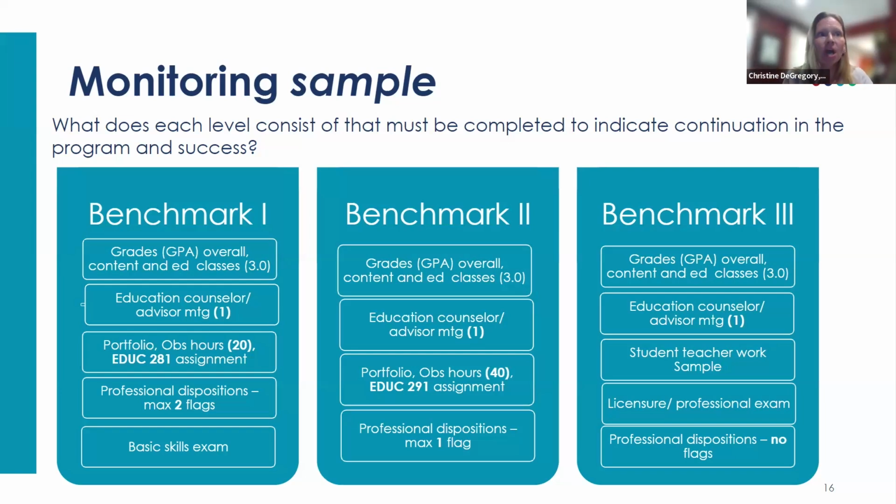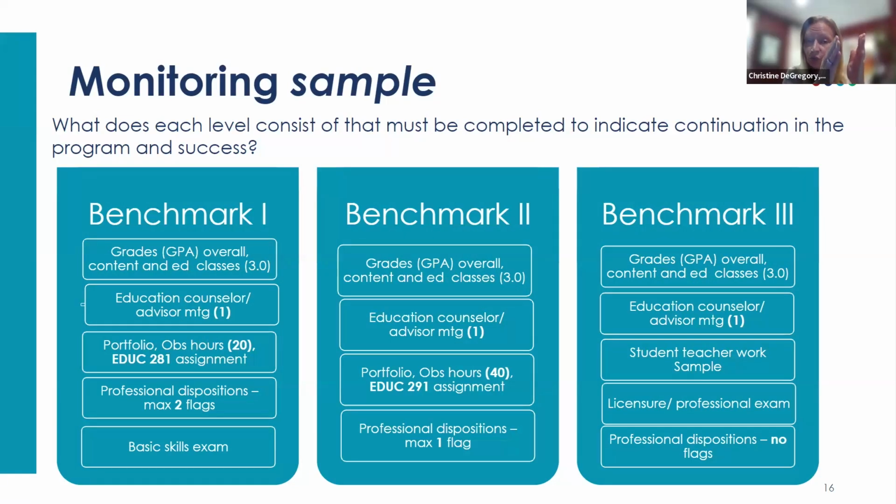So you can see you might be using grades, you might be using advisor or counseling meetings. That's a quick, are they meeting those? Have they finished those big work samples or observation hours or the types of observation hours they needed to get in? Whatever it might be, you're determining that, right?